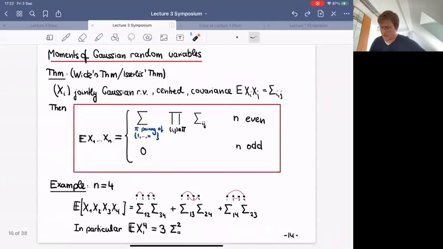The one ingredient that we're going to use, and I presume many of you will be aware of it, is how to calculate moments of Gaussian random variables. We're only going to use it for fourth moments.